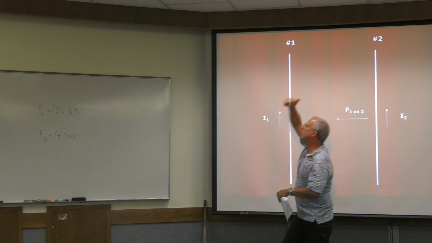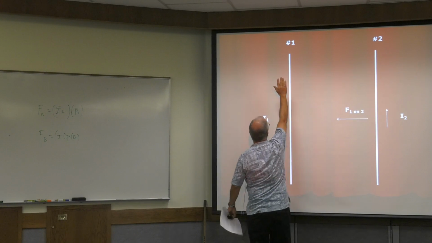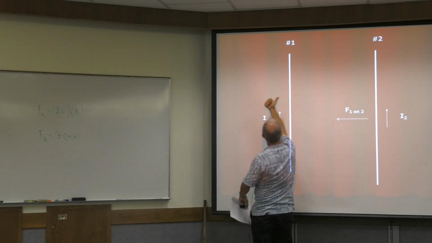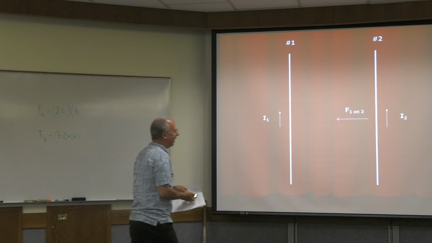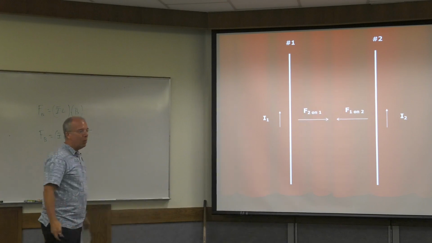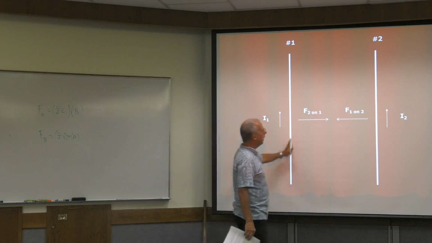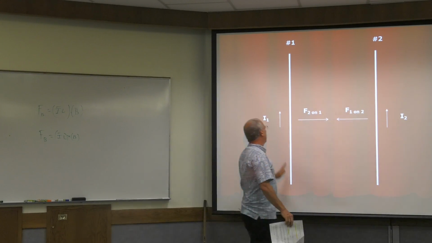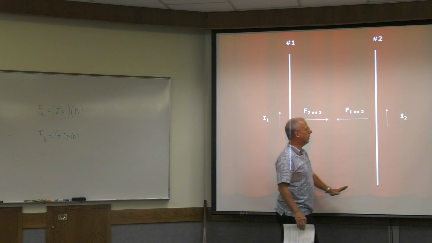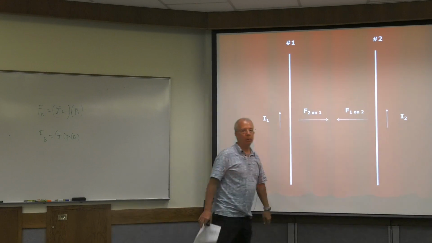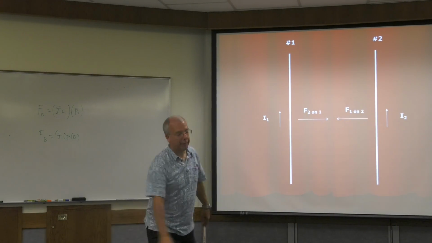Okay, so IL cross B that way. All right, so what does that say? It says if you have parallel wires with currents in the same direction, what do these wires do? They attract, right? They attract.